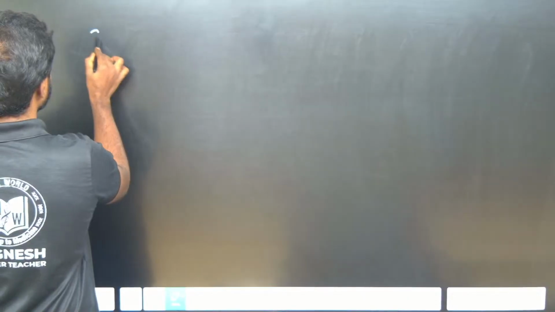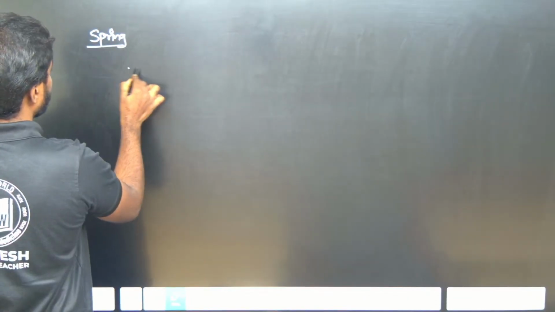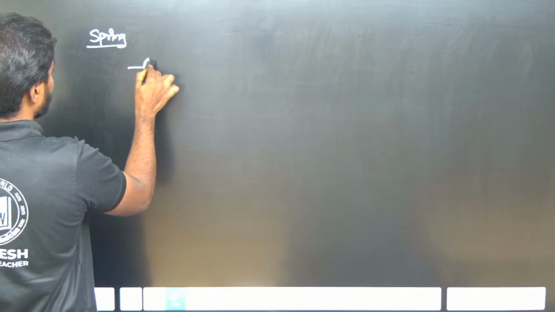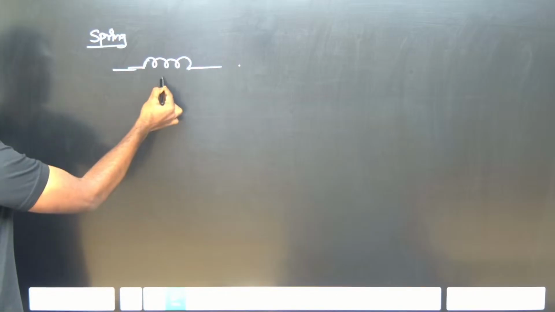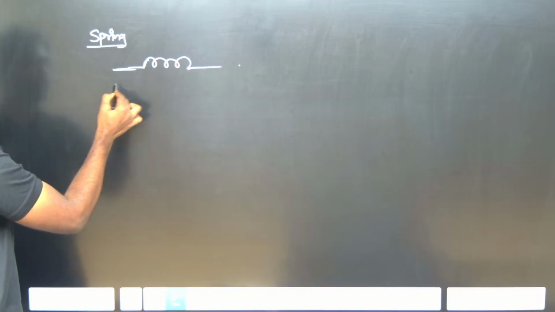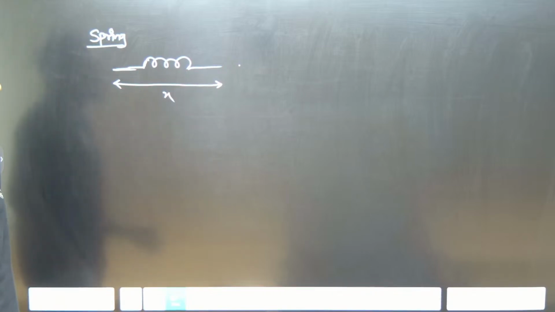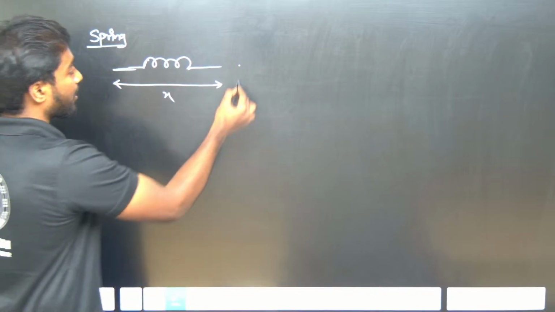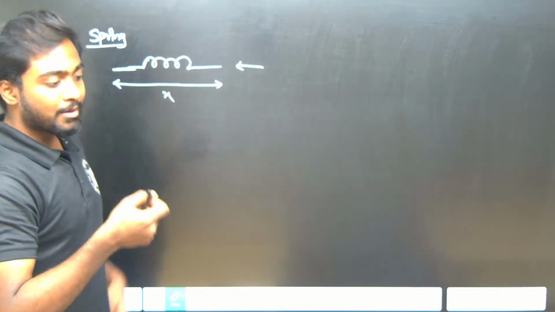So if I talk about a spring, let me take that initially it has some length. If I apply a force, either pushing the spring or pulling the spring, what will happen?